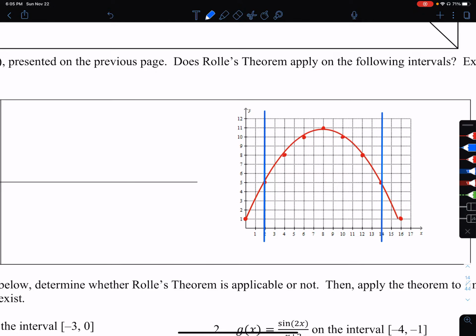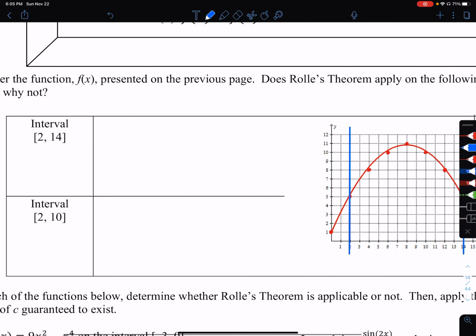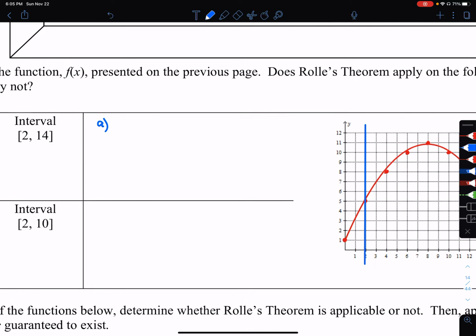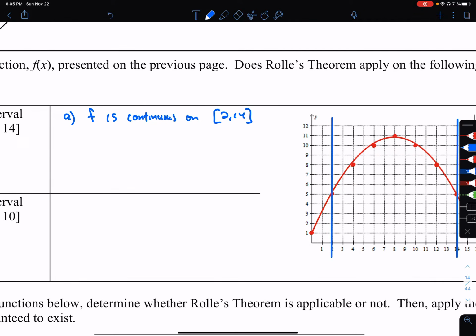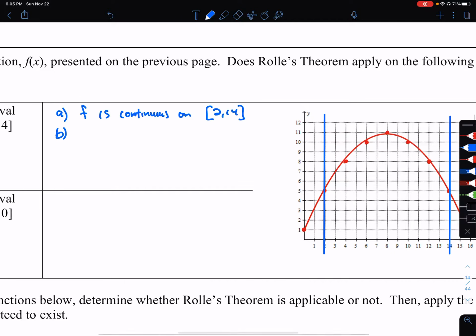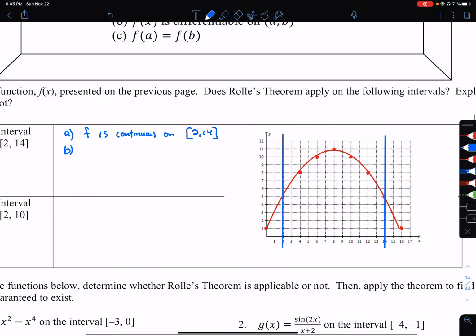Does Rolle's theorem apply? Well, for one, is the function continuous? We would say yes, f is continuous on the closed interval from 2 to 14. Check. B, is the function differentiable? That's a nice gradual curve.